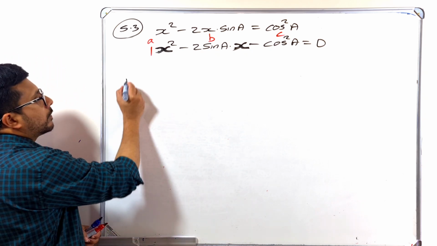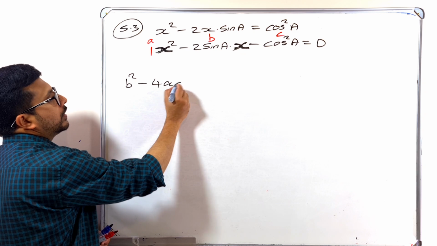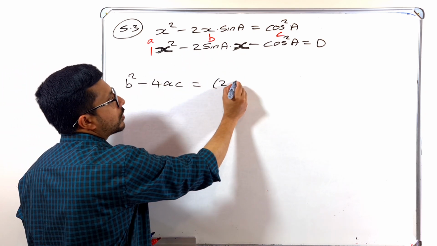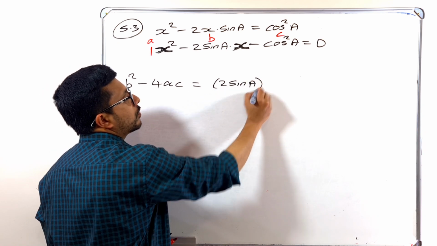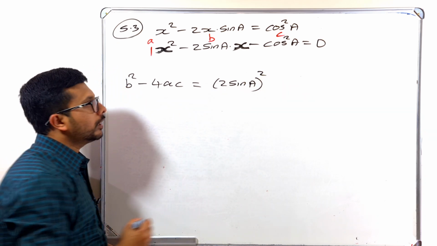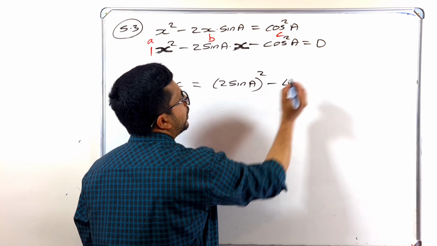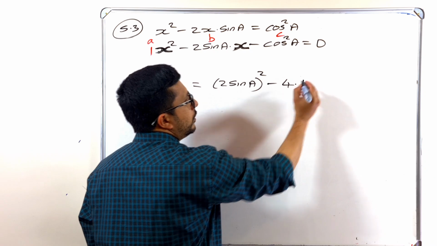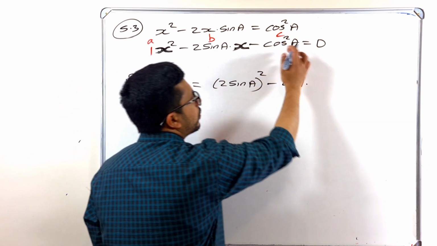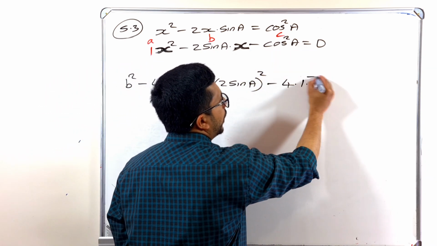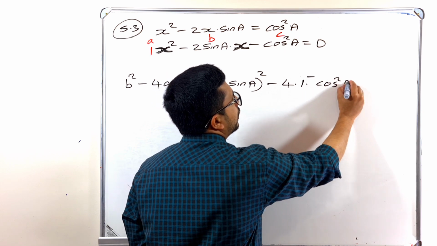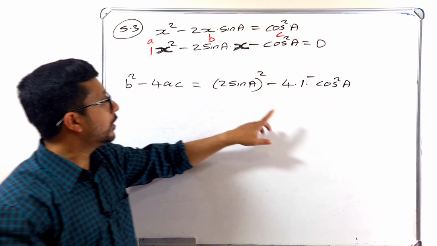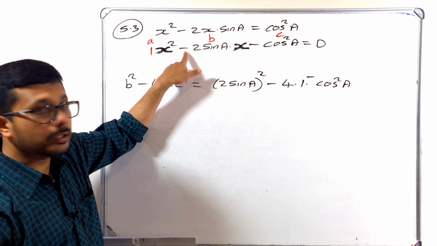So what is b squared minus 4ac? b is 2 sine a, so it is (2 sine a) squared. Then minus 4 into a, which is 1, into c, which is minus cos squared a. C is minus cos squared a. Maybe some of you are asking why didn't I write this minus here?